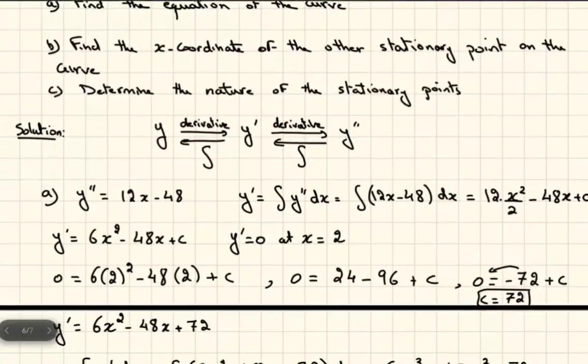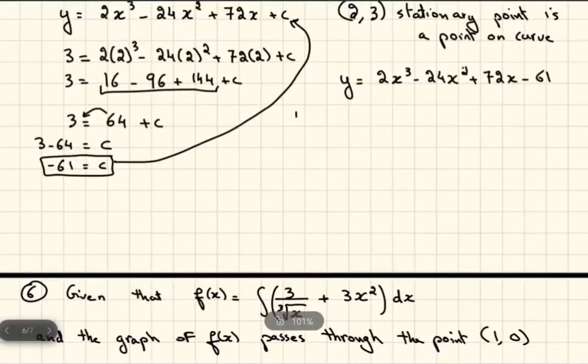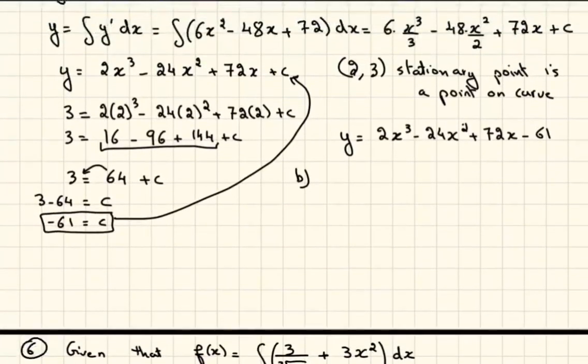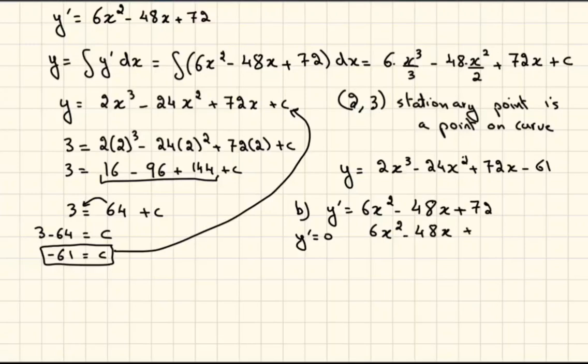For part B, they told you find the stationary points. Now this is easy. I already found y prime, which is 6x squared minus 48x plus 72. You can use y prime equal to 0, so 6x squared minus 48x plus 72 equals 0.